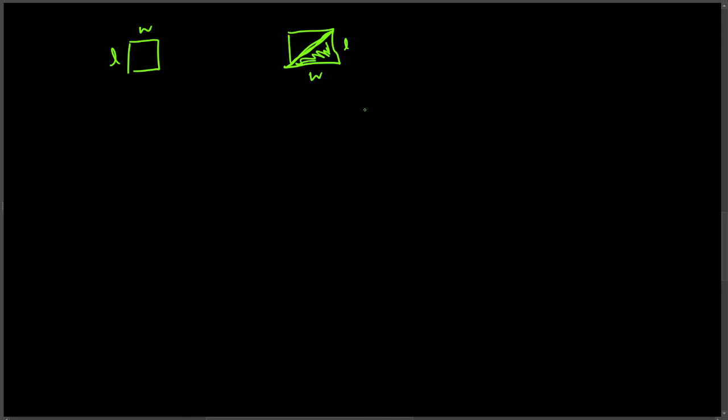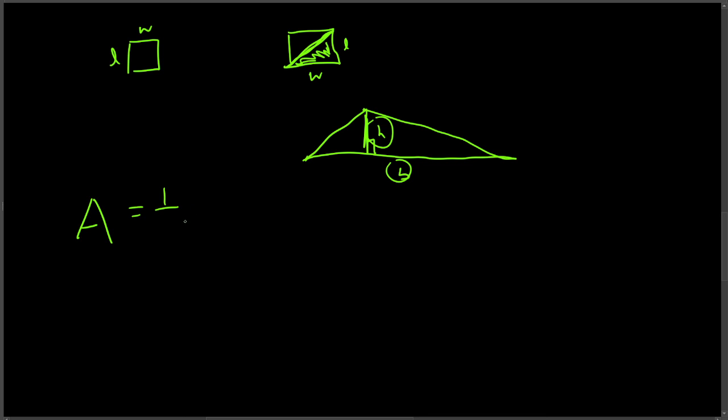And it turns out that no matter the shape of my triangle, I can get its height and its base. And this will give us the same thing as 1/2 the length and the width. So the height and the base are the things we focus on. So the area of a triangle is 1/2 the base times the height.